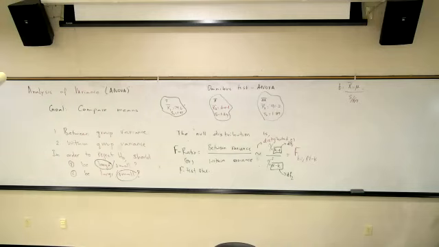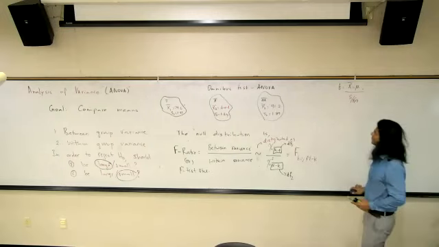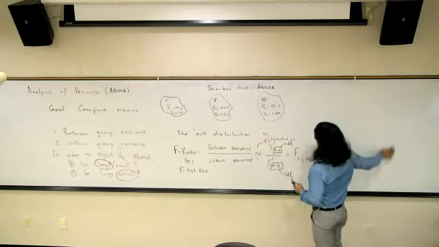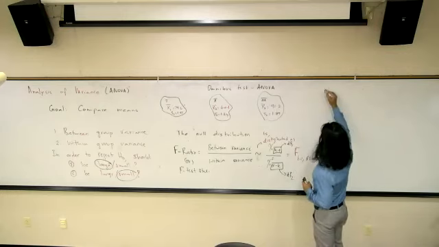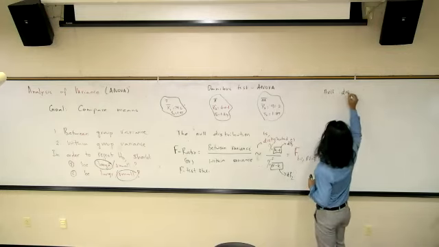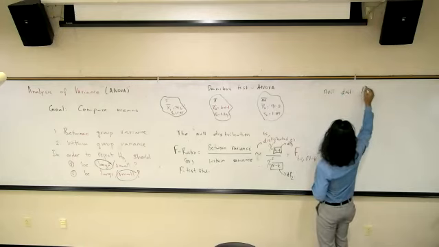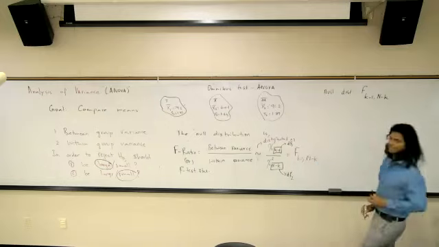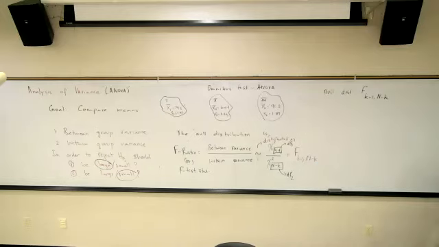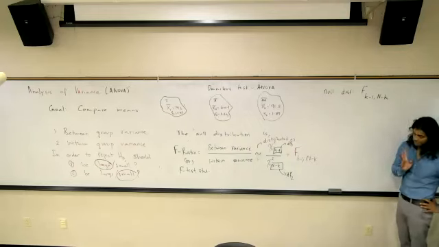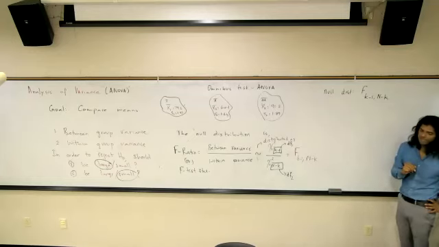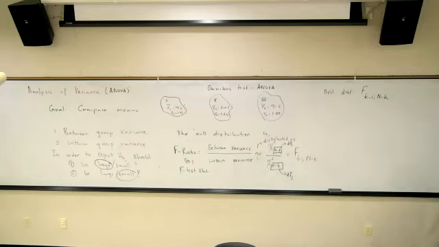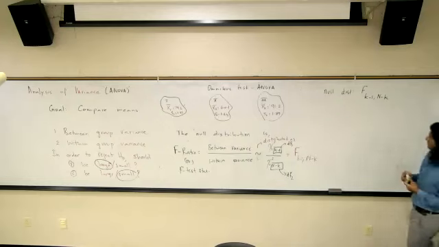F. Very good. So the null distribution for ANOVA is an F distribution. It has two parameters, first numerator degrees of freedom, second denominator degrees of freedom.